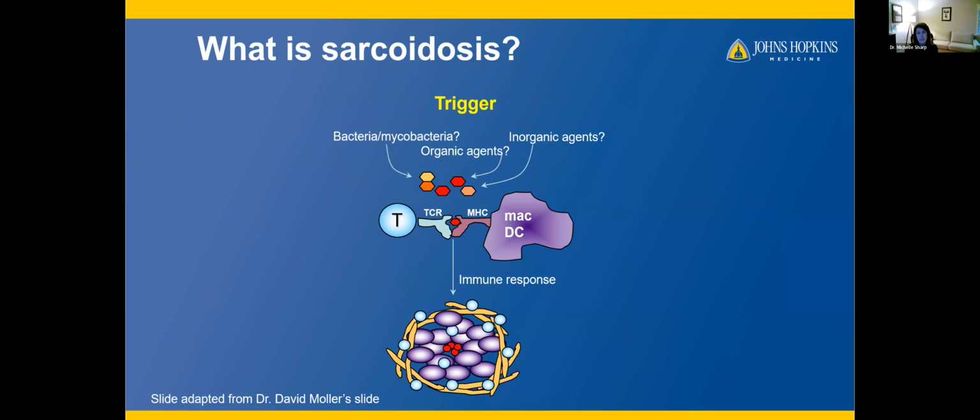And then we usually talk through what is sarcoidosis. And I think this disease is so tough because we really don't know exactly the cause. And I can't tell you 100% this is why you have sarcoidosis. But I'm going to give you the general overview of what we do know. There is a trigger, and for some, we think likely there are multiple triggers, and this is a big debate of what the trigger is in our field.